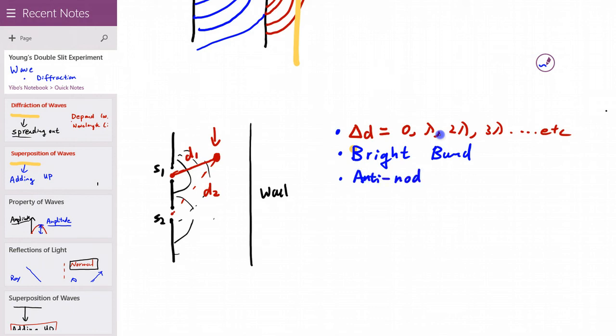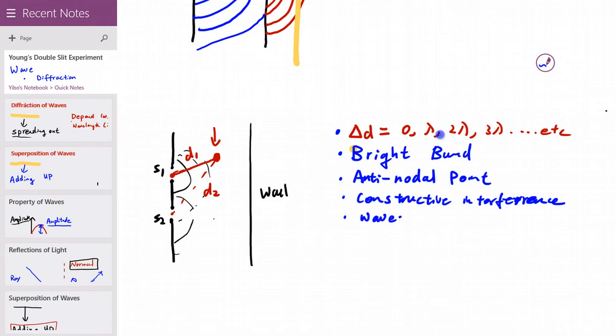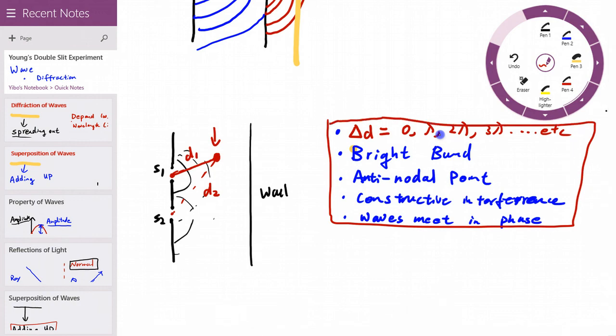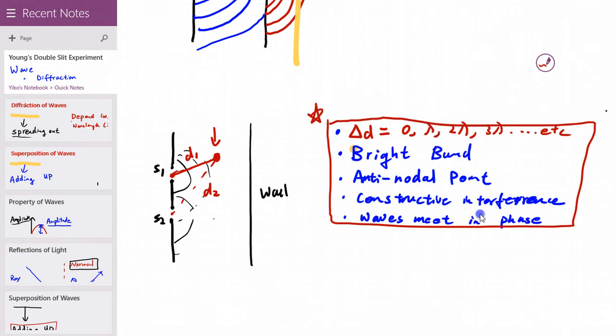That's when the waves meet constructively. Constructive interference is the result of the waves meeting in phase. This can be determined by the mathematical model. Now, remember this, it will be tested.